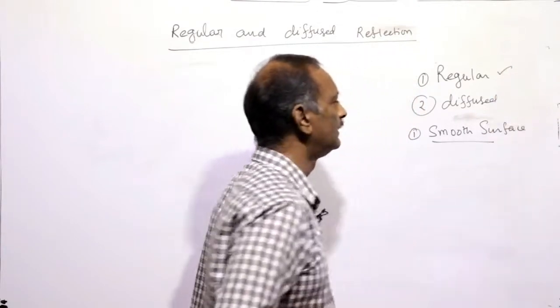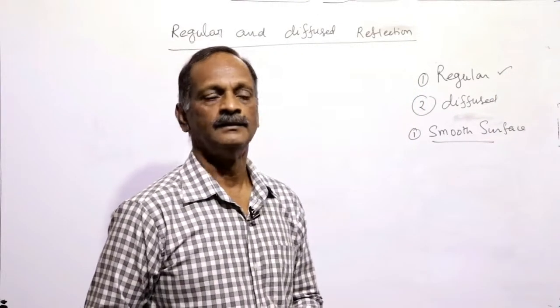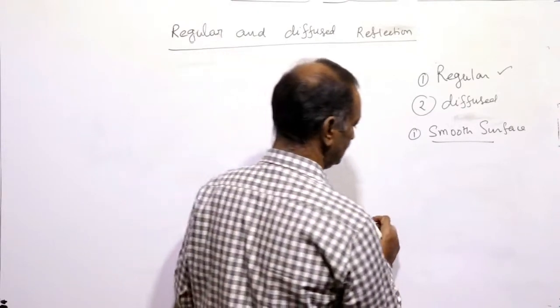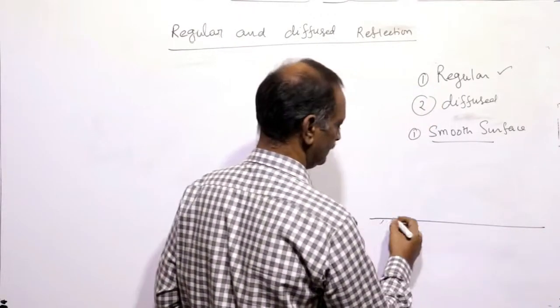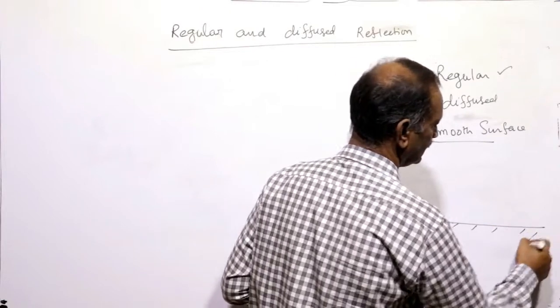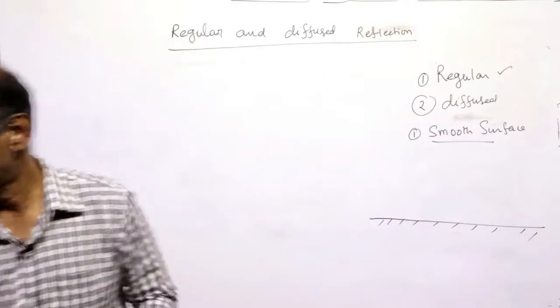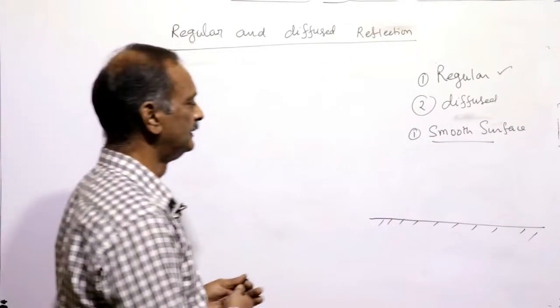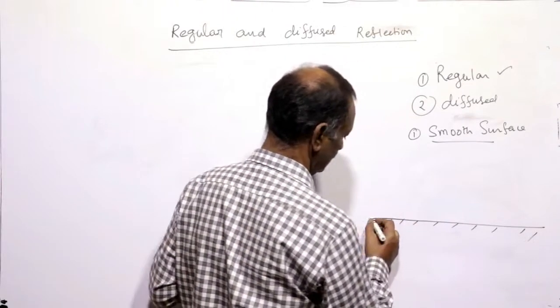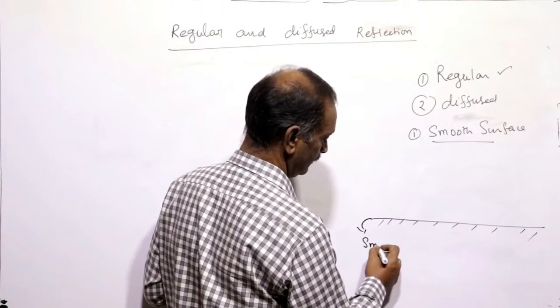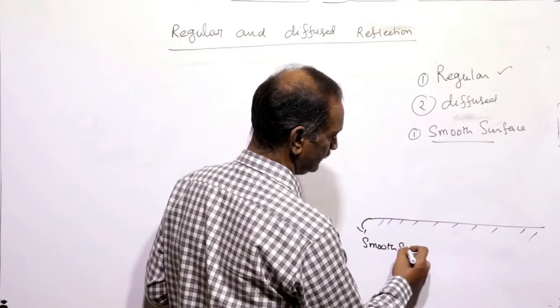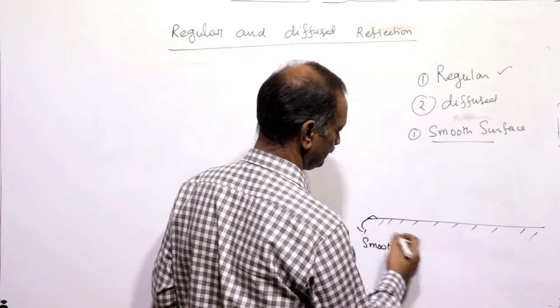Regular reflection takes place at a smooth surface. This is the smooth surface, and this is the smooth surface, this portion.